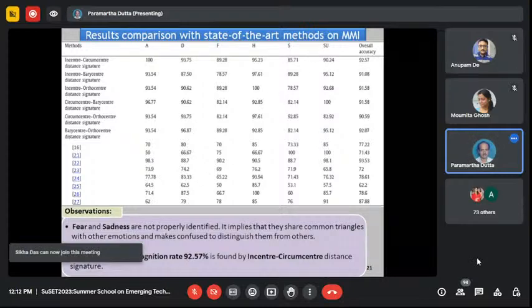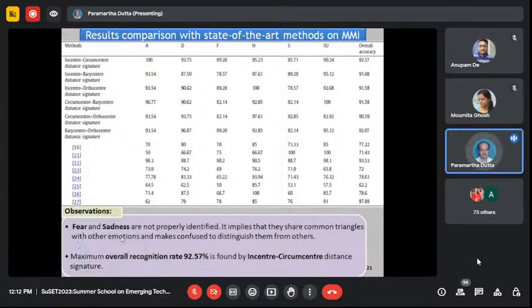Now, fear and sadness are not properly identified on MMI. Once again, these are our contribution, and these are the other reportings. It implies that they share common triangles with other emotions and it becomes confusing to distinguish them from others.